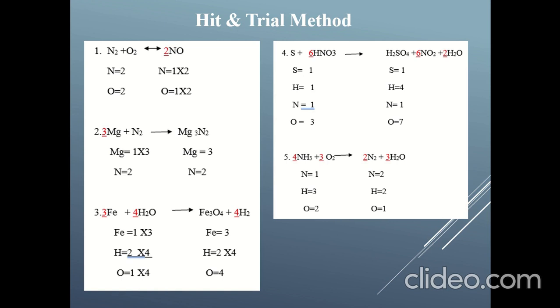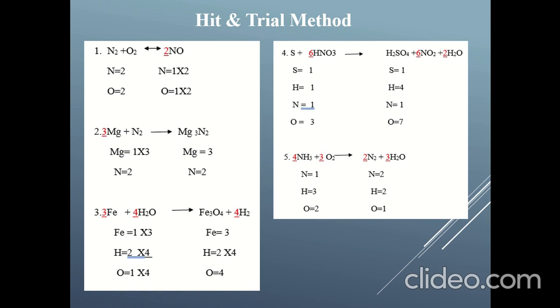On the product side, N is 1 and oxygen also 1. So to balance the atoms on both sides, reactant and product, we need to multiply the product side with 2. So it becomes N2 plus O2 gives 2NO.